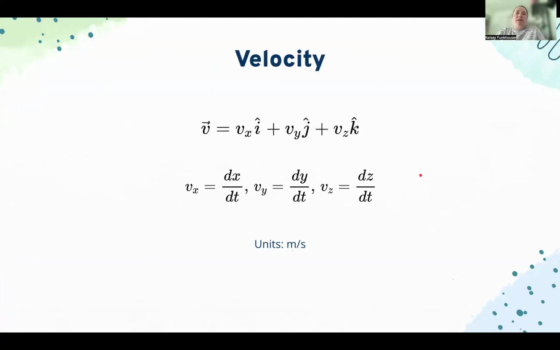These become the components of the velocity vector. So the x component is dx/dt, the y component is dy/dt, and the z component is dz/dt. And earlier on with that self-check question, we talked about how the units of velocity are meters per second. So it's just a reminder.